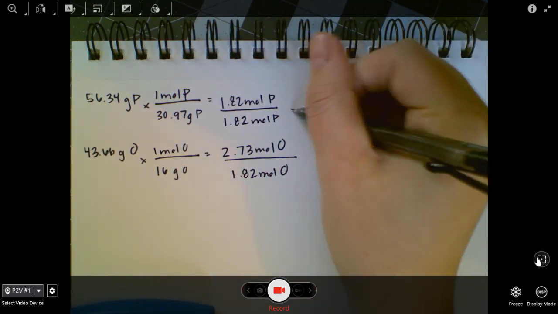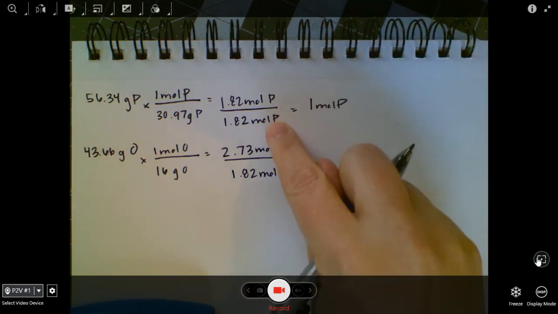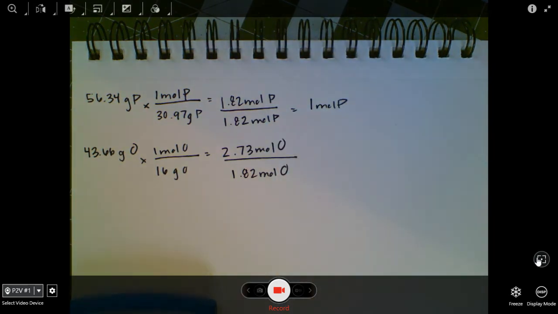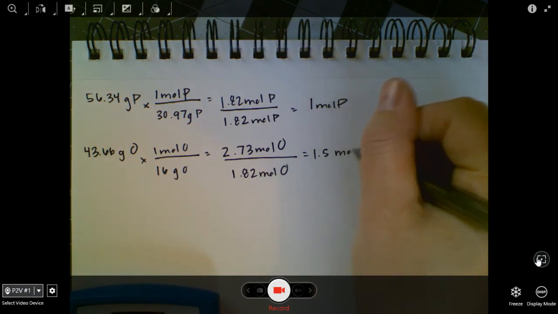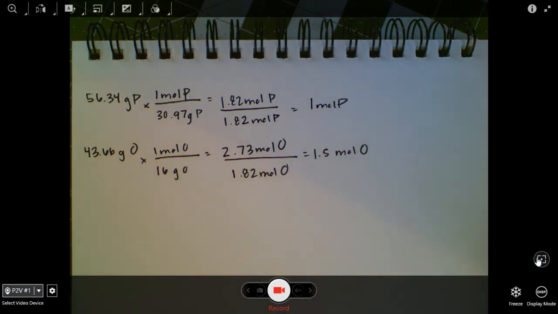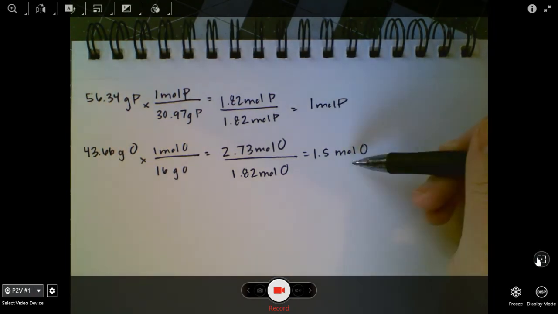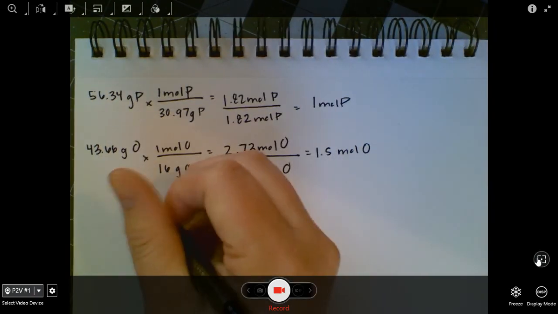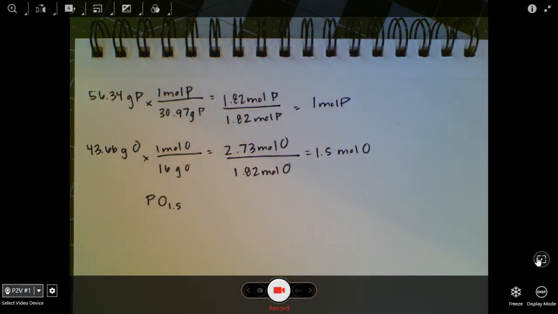Okay, so what I'm going to get here is 1 mole of phosphorus for every 1 mole of phosphorus. Big shocker there. But if I take my 2.73 and I divide it by 1.82, I get 1.5 moles of O. So in this situation, for every 1 mole of phosphorus in my formula, I have 1.5 moles of O. So in theory, my empirical formula is PO 1.5, right?